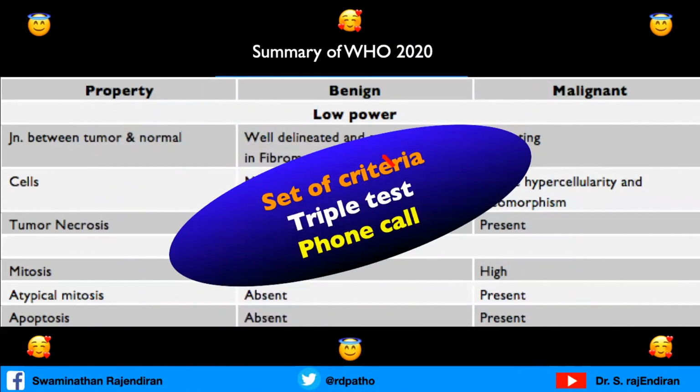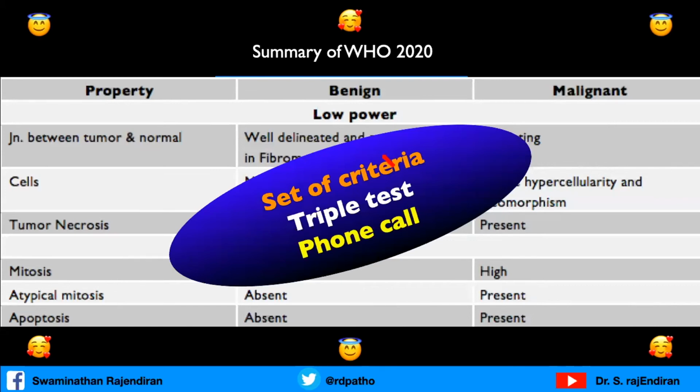And always follow a set of criteria and the triple test. Unfortunately, they talk about the triple test in breast, where clinical, radiological, and pathological correlation should be there. It should be followed in all tumors now. As Manoj told, nowadays we are getting more and more fragmented pieces of tiny tumors, and the less tumor they give, the more the material they want to know.